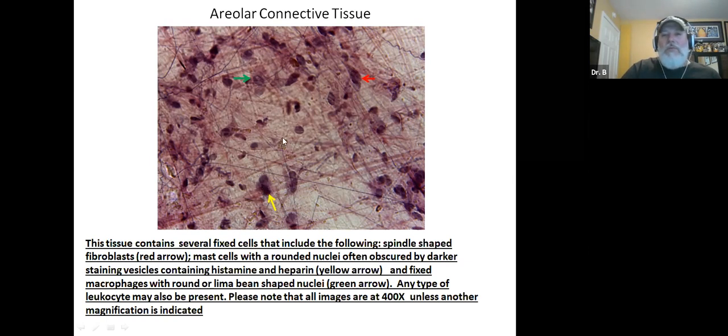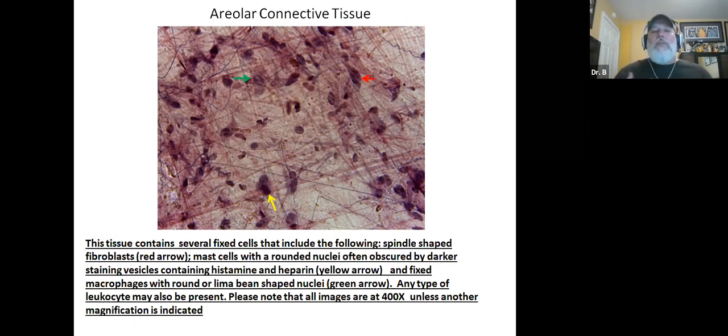Now, scattered through here, you can see lots of different fibers. These darker ones right here that are very thin, these would be elastic fibers. And the thicker ones that you can see scattered through, that the majority of these fibers are, those would be our collagen fibers. But notice how the fibers are very spread out. We don't have a lot of density to the fibers.